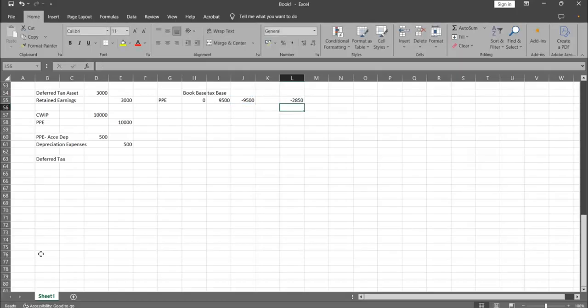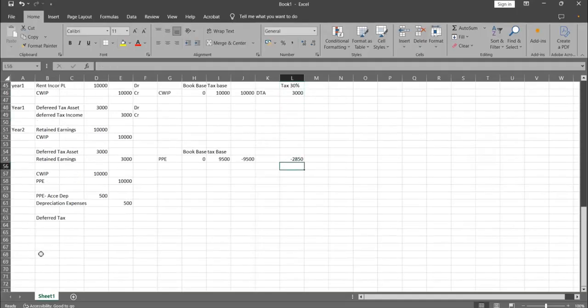Since the deferred tax of 3,000 was already booked, we will have to pass a differential entry for this. This plus this, 2,850. That means we will have to reverse deferred tax asset by 150 and deferred tax expense by 150.